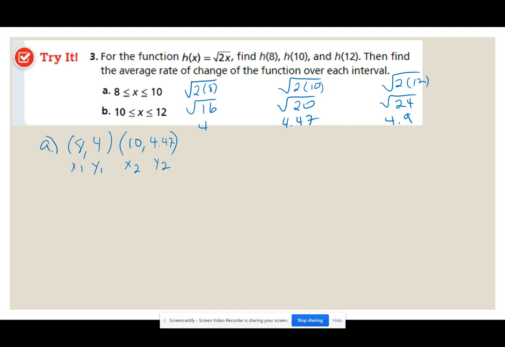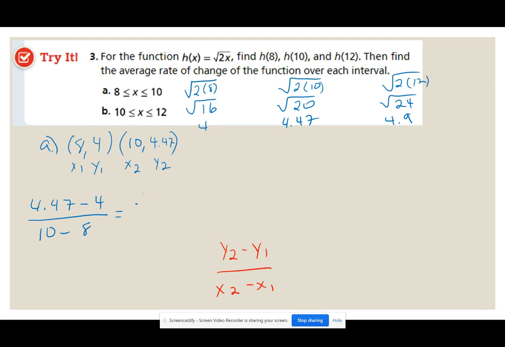So now let's go ahead and plug it into the equation for rate of change. So as a reminder, that is y2 minus y1 over x2 minus x1. So in this case, we have 4.47 minus 4 over 10 minus 8.